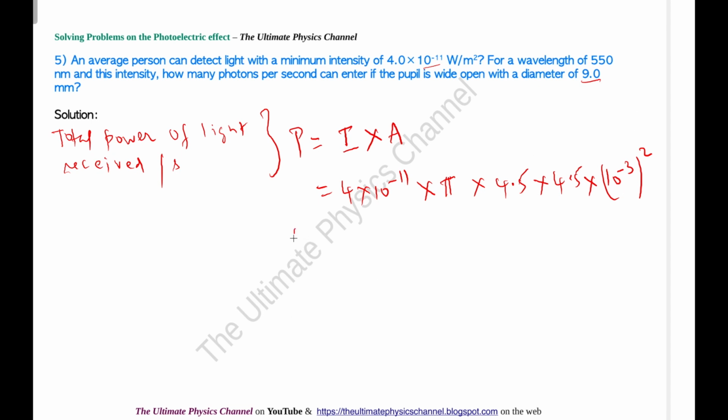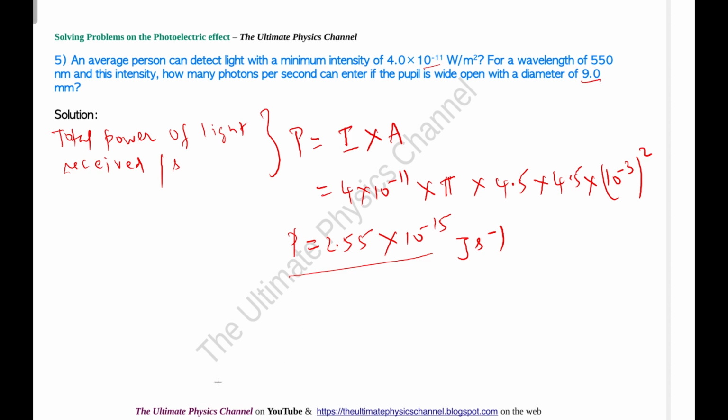These are the numbers we have for power. Therefore, the power is 2.55, to do the math, times 10 power minus 15 watt or joule per second. That's the power. Total power of light received by the eye every second.